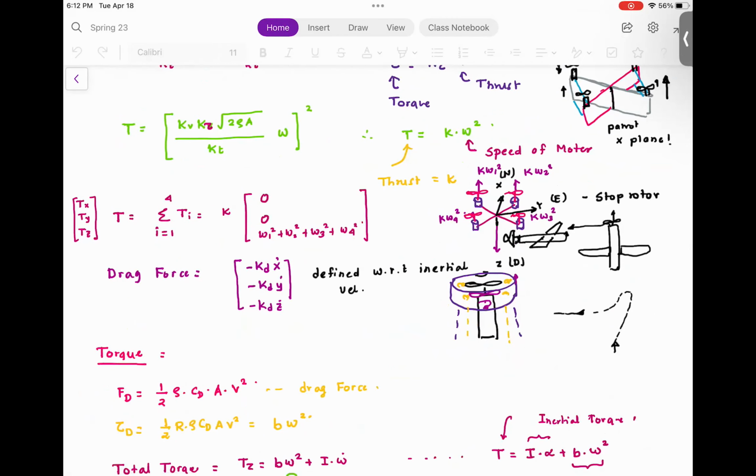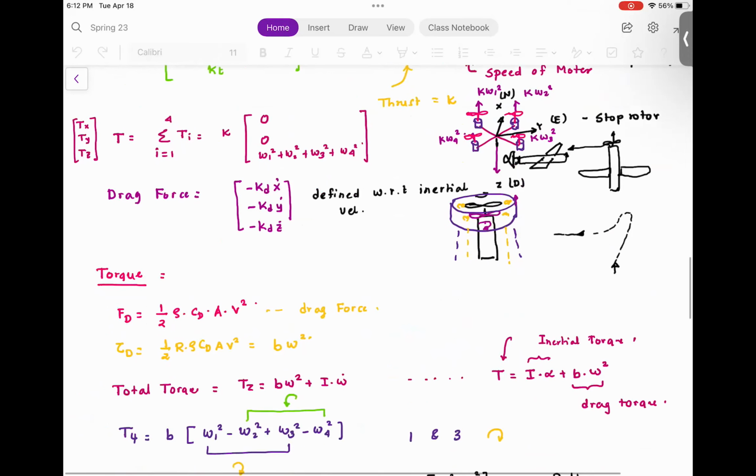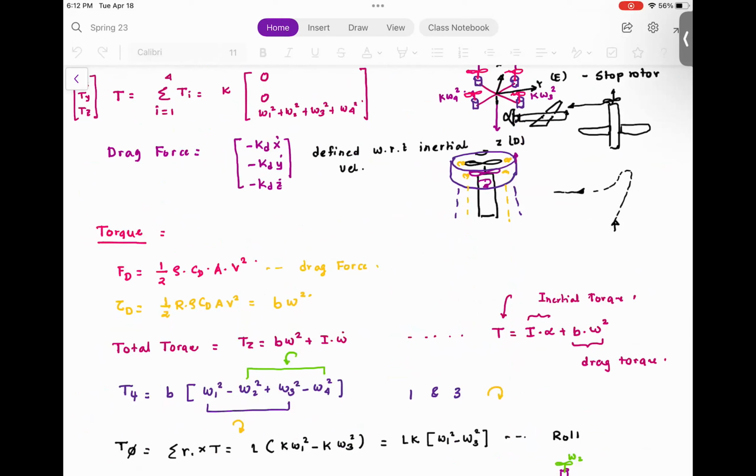And then you can actually make this system efficient using shrouds or a coaxial system. We also looked at the torque, and torque is derived using basic aerodynamics, wherein you have the drag force, and the total torque, which is Tz, is B omega square plus I omega dot.